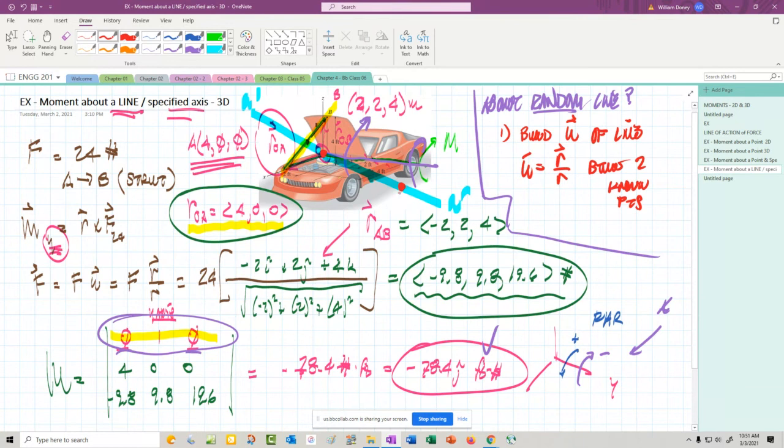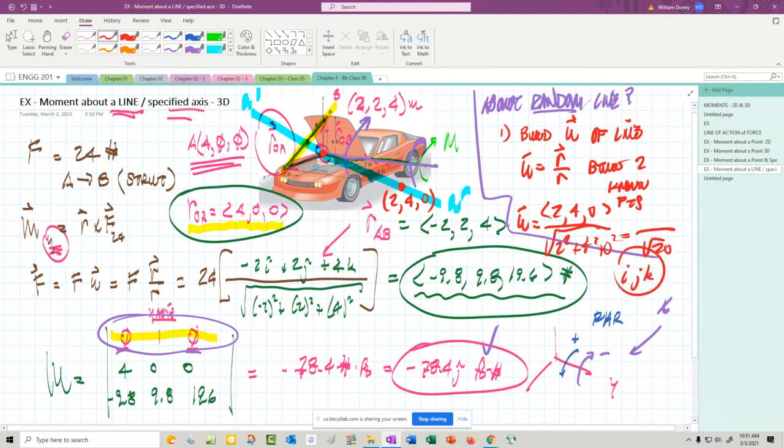Let's say that line goes through the origin and 2, 4, 0. We would build that unit vector as 2, 4, 0 on the top over the square root of 2 squared, 4 squared, 0 squared. 4 plus 16 is 20, so it's whatever over the square root of 20.